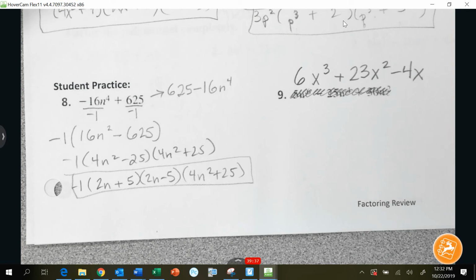That we have like on our homework, and I want to make sure you guys can do it. Is there a GCF? The last one, is there a GCF? Yeah? Okay.